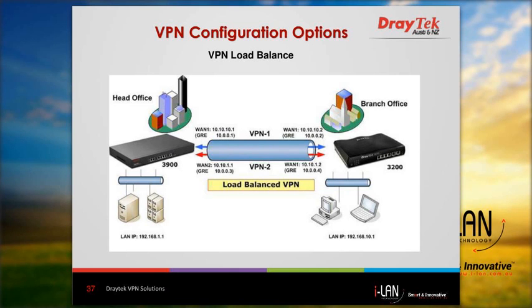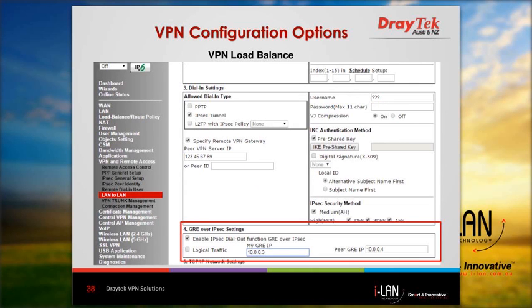And to do this, we also need to set up two IPsec VPN tunnels, and also set up GRE, which I don't think you can notice on the diagram. We also have to allocate GRE IP addresses. So there's a bit of configuration involved here.